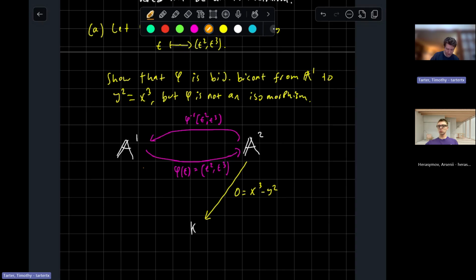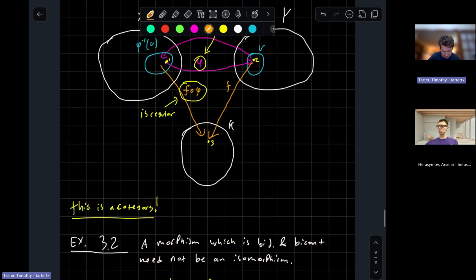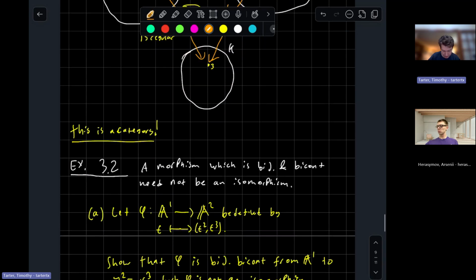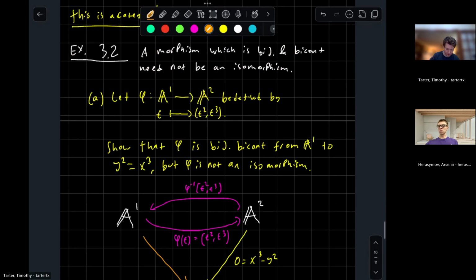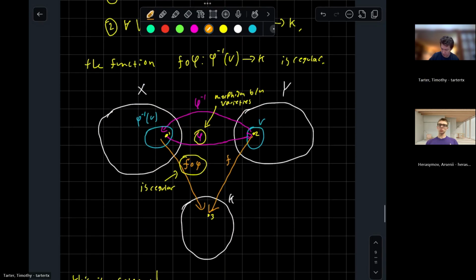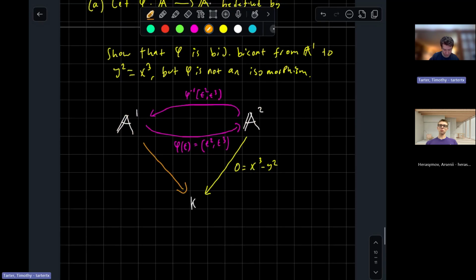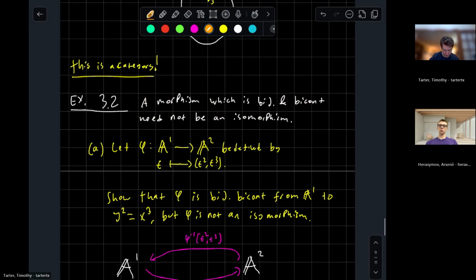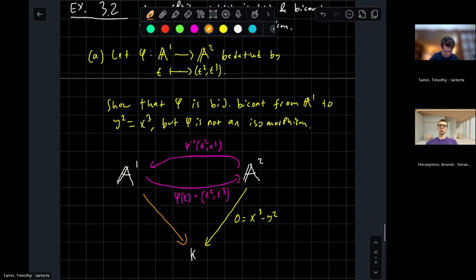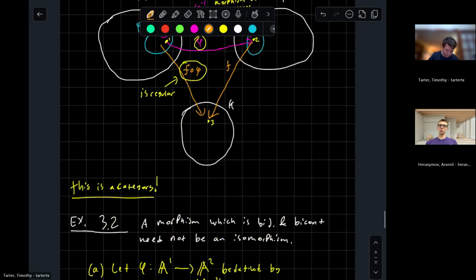We want to get this thing going back into K, which is phi inverse circ F. Wait, does that make sense?